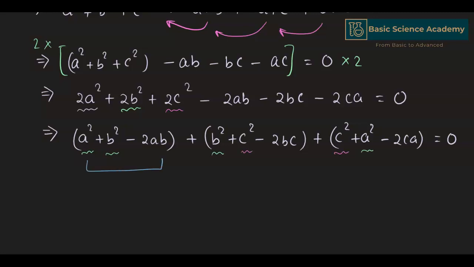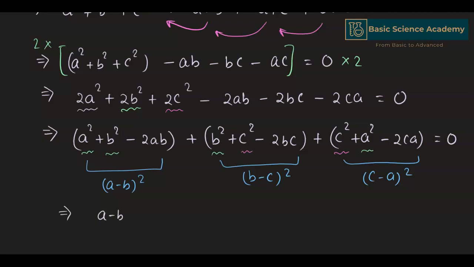Now this is the formula for a minus b whole square, and this is the formula for b minus c whole square, and this is the formula for c minus a whole square. So this gives us a minus b whole square plus b minus c whole square plus c minus a whole square is equal to 0.